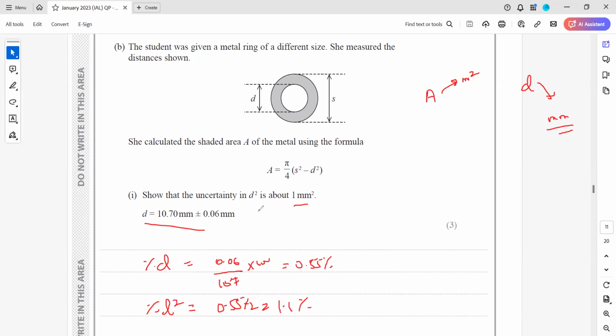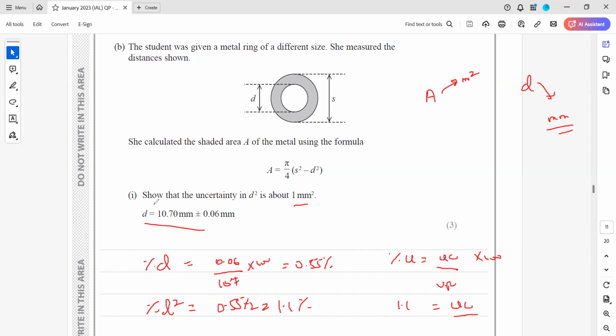Then what is the uncertainty in D square? We have the formula: percentage uncertainty is the uncertainty divided by the value recorded, times 100. Percentage uncertainty in D square is 1.1.